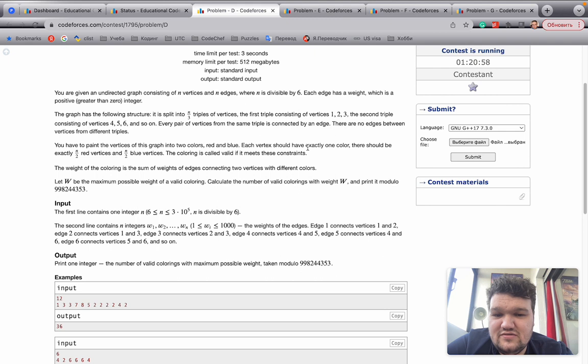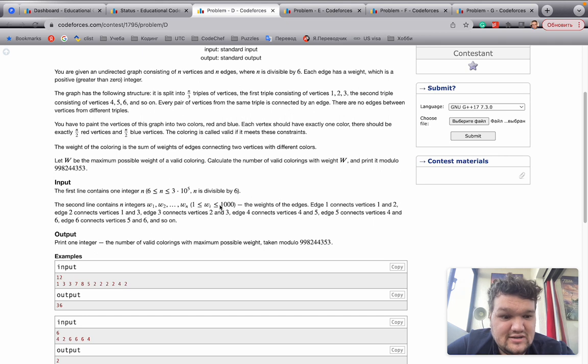Each vertex should have 1 color, and they're split so that half of the vertices are red and the other half are blue. The coloring is valid if it meets the constraints. The weight of the coloring is the sum of weights of edges connecting 2 vertices with different colors. The weight should be the maximum possible. Calculate the number of colorings with this weight, modulo the given number.